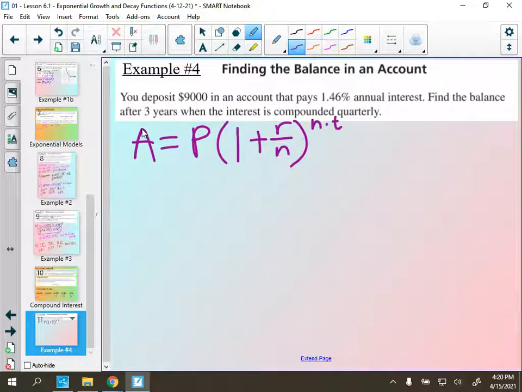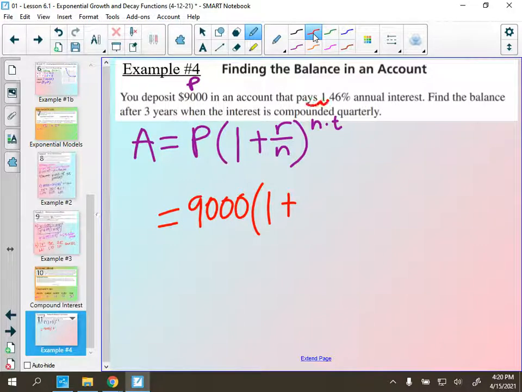Okay, so we have basically everything on the right side of the equation here. Our P is our initial investment, so $9,000. The 1 plus is just the growth component of it. Our interest rate, it's not a great interest rate, if you're wondering, 1.46%.